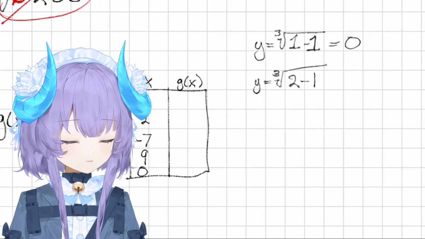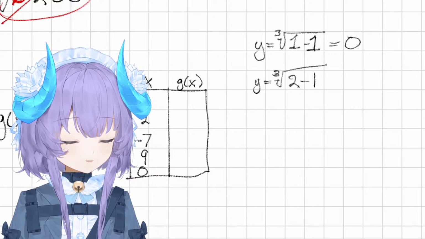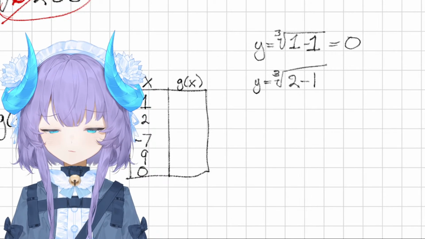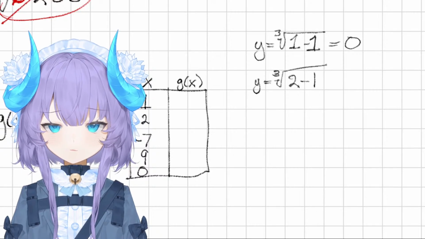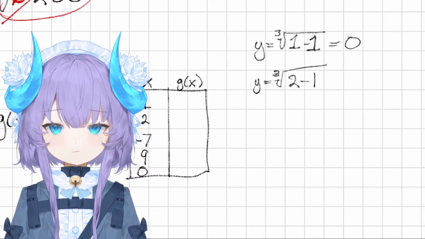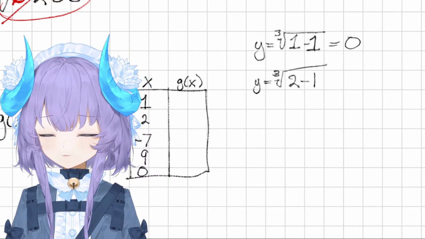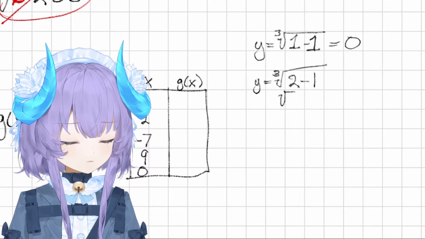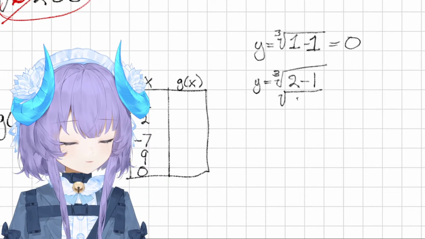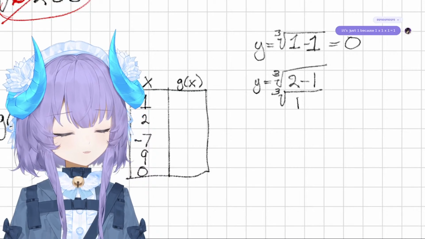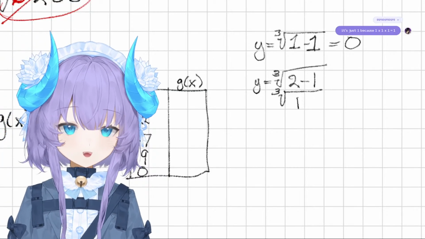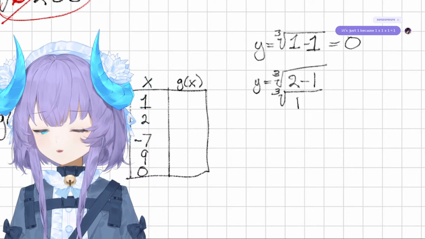So 2 minus 1. It's not 0 again, is it? No. That does make a 1 inside of it, and you can't do that, so it'd be like 0.333333 repeating?